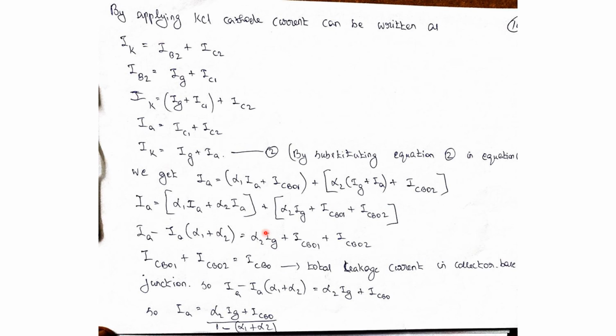Here the terms having alpha, we bring together. Then alpha 2 IG, ICBO1 and ICBO2 are saturation currents.